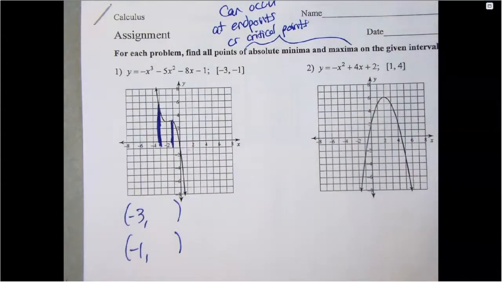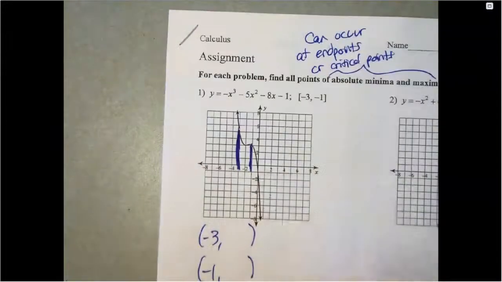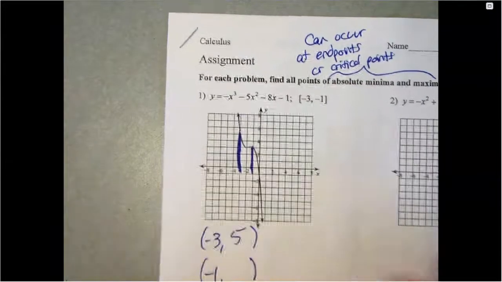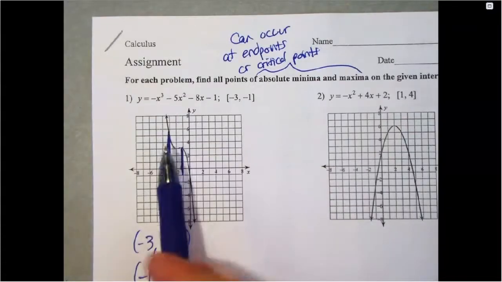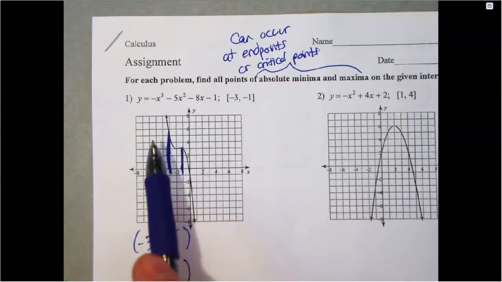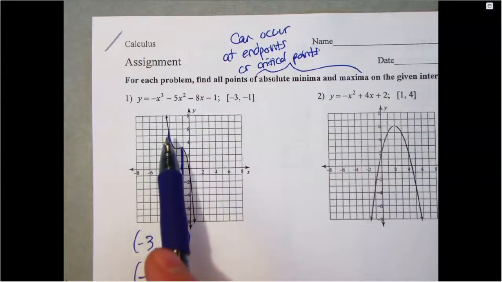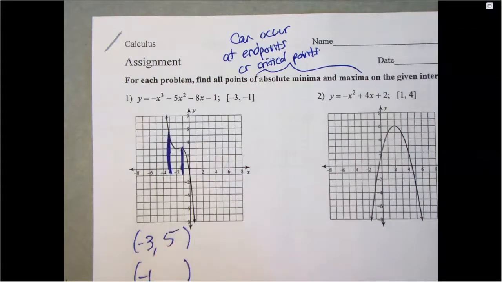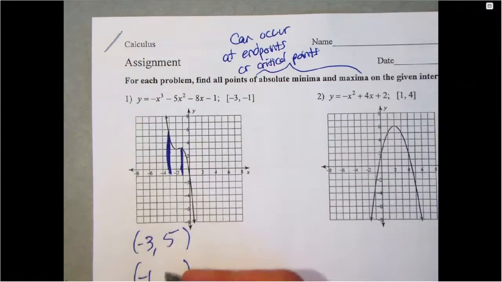It's 6 for the first one. If I plug in -3, you get 5. Plug in -1, then -1 comma 3. Yeah.